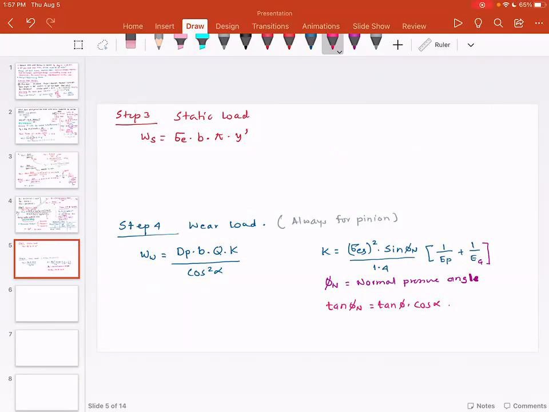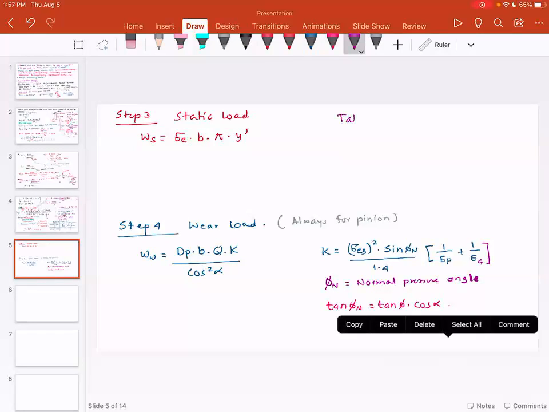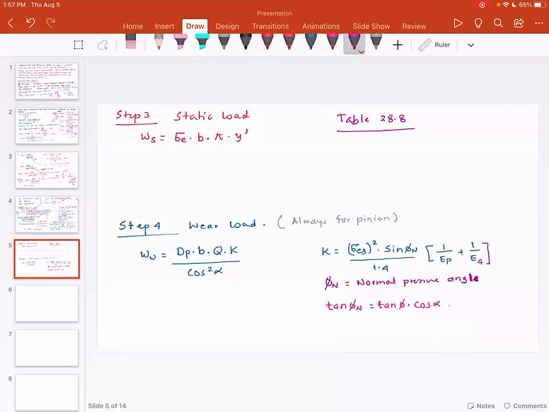Just quickly look at the values for sigma E. I want you to refer to table 28.8, which is on page 1040, 1042.